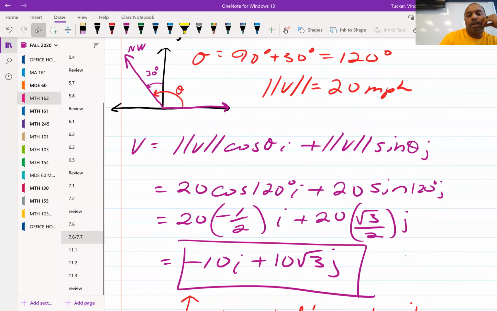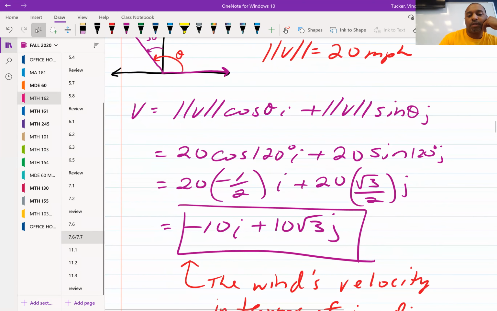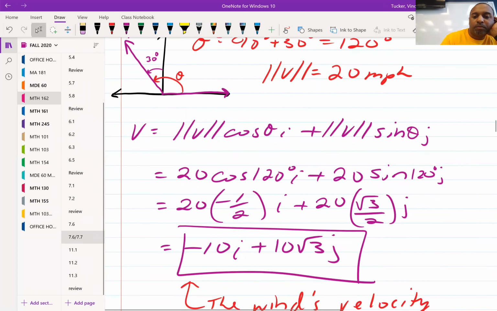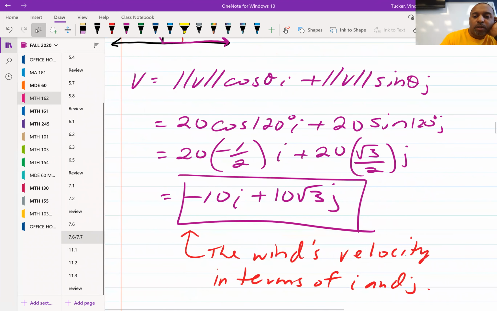That would be negative 10I plus 10 square root of 3 J. So that just represents the wind's velocity in terms of I and J.